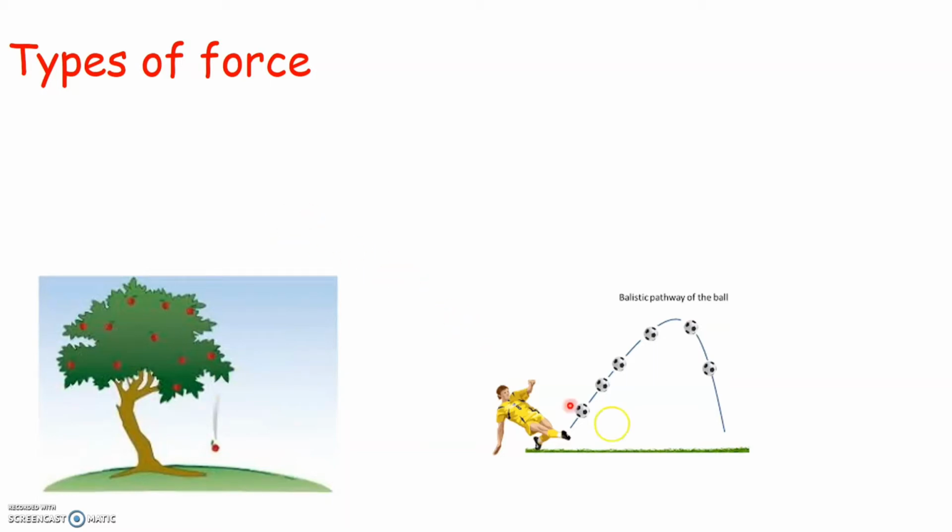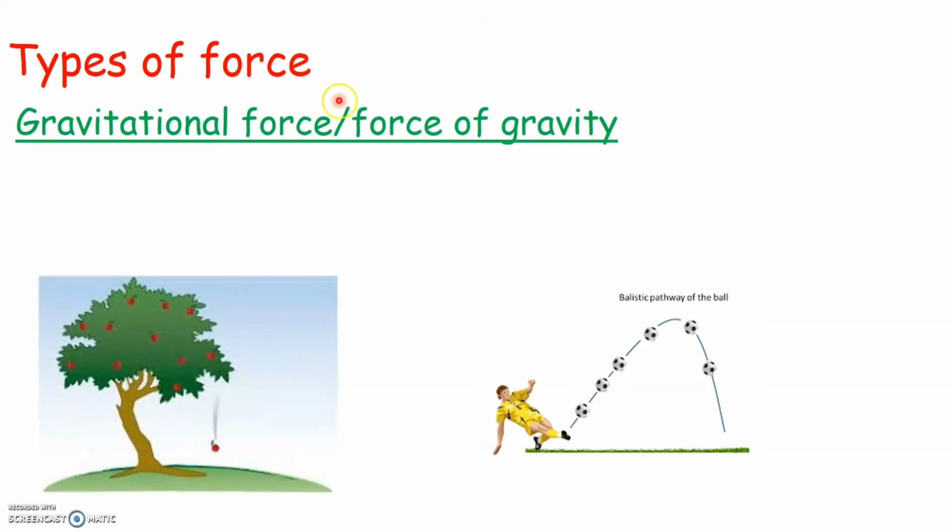Now same is the case when you throw a ball. Initially it goes up, then after it covers some distance, it will come down, that is it will come and fall on the ground. Have you ever thought why is it so? Now we are going to learn about that force today. That is known as gravitational force or force of gravity.